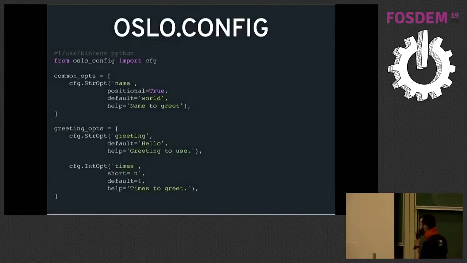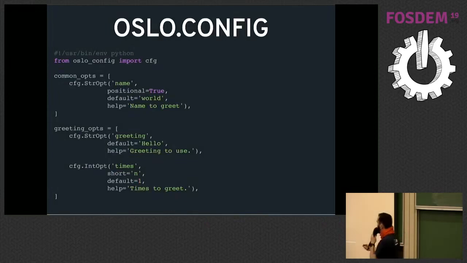And now I'll show an example. From Oslo config, I'm importing my config module, and I have some common options and the greeting options. In my example, I will build hello world, but it will be configurable in different ways. I have the name, which is the name to greet. The default is world, so it will print hello world at first.